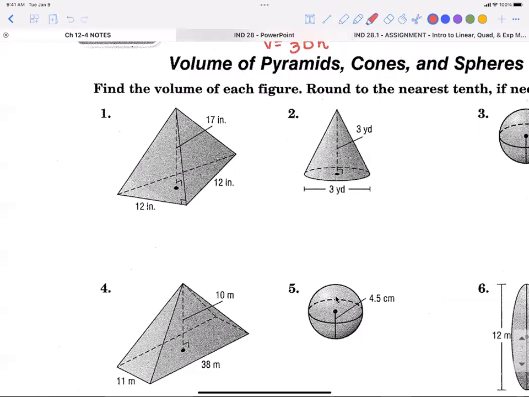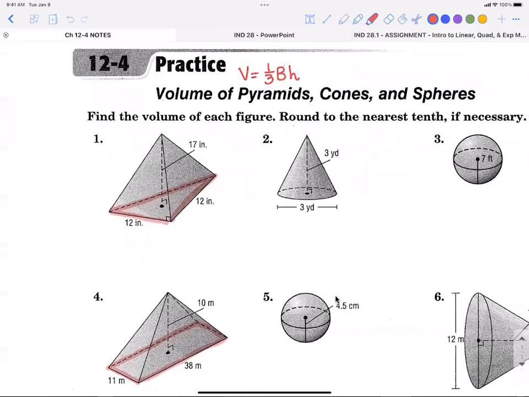But if you look at the base of number 1's pyramid, it's a triangle. And the base of number 4's pyramid is a parallelogram, which is why we reviewed area of a triangle and a parallelogram today in your jump start.